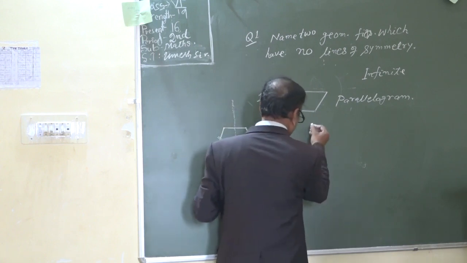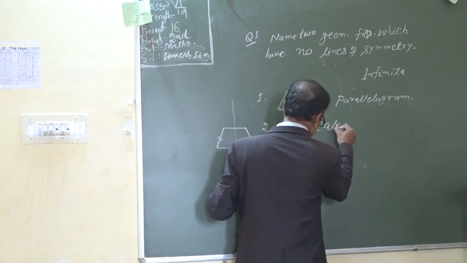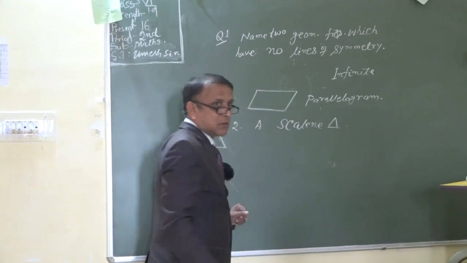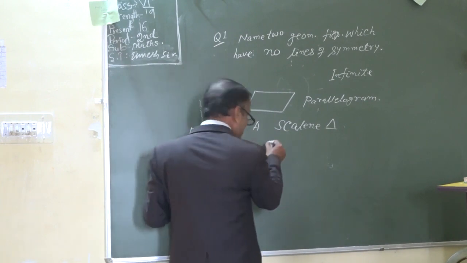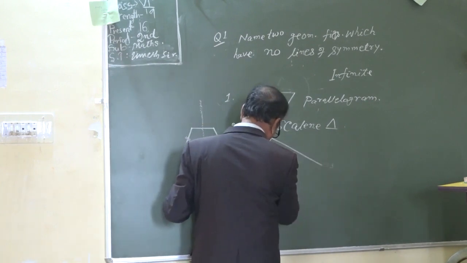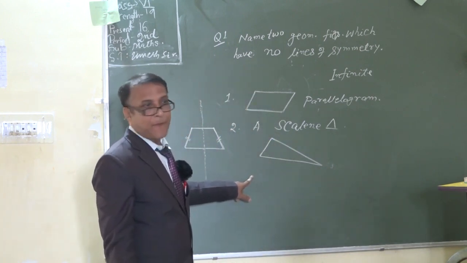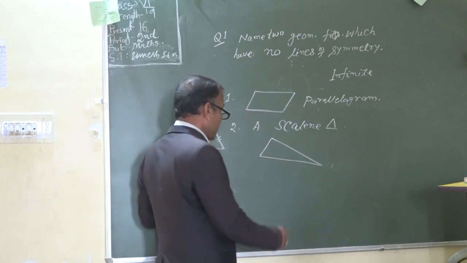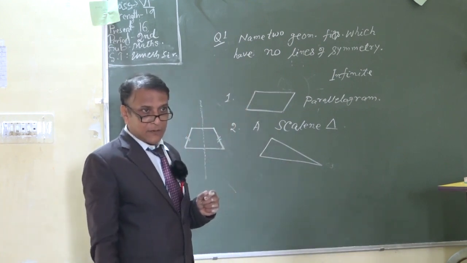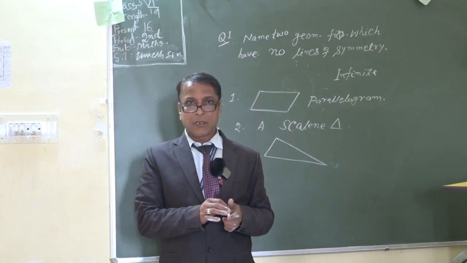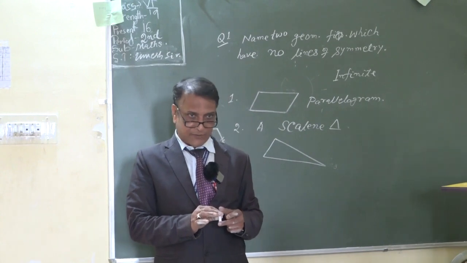That is also just a solid. A scalene triangle. A scalene triangle has no sides equal. So can you make a symmetrical line for it? No. So a scalene triangle has no symmetrical lines.